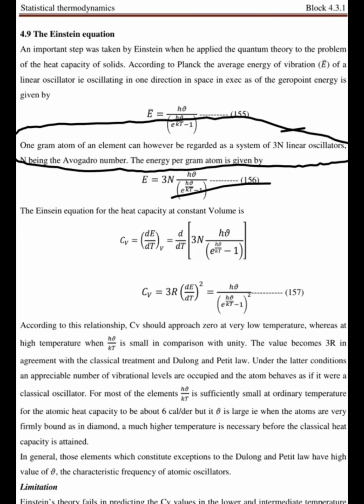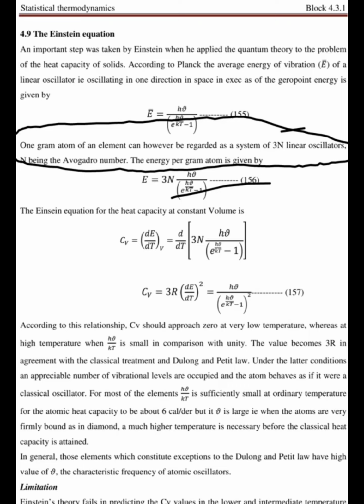And the Einstein equation of the heat capacity at constant volume, that is Cv. So Cv should approach 0 or be very low at low temperature, whereas at high temperature h theta by kT is small in comparison to unity.